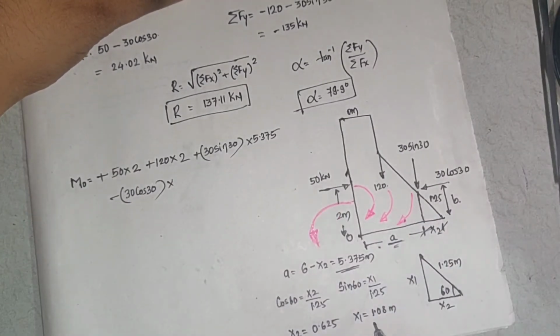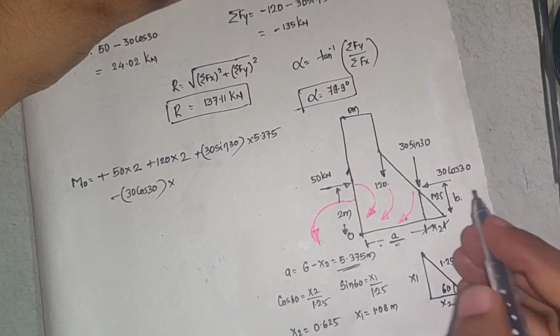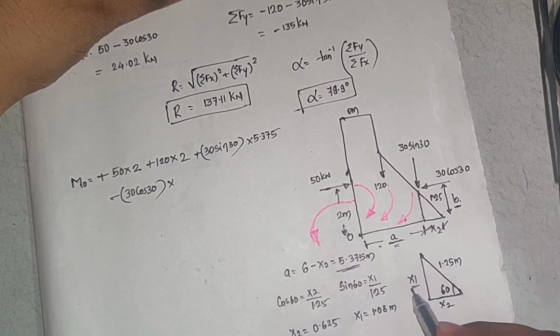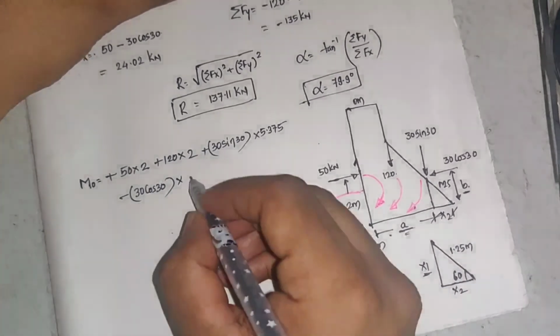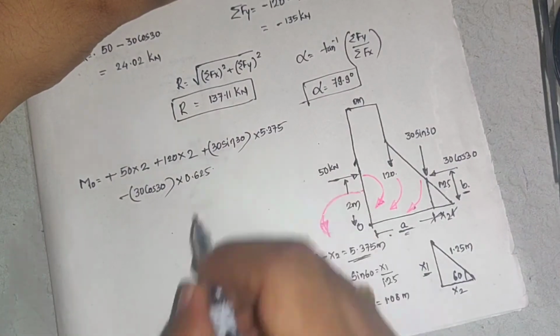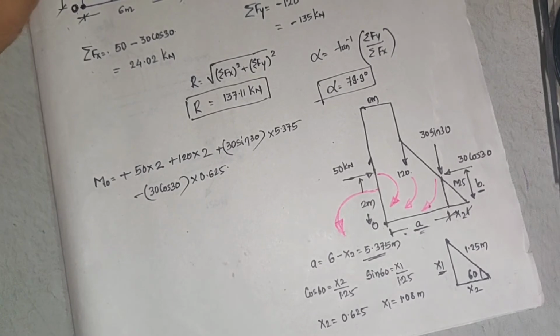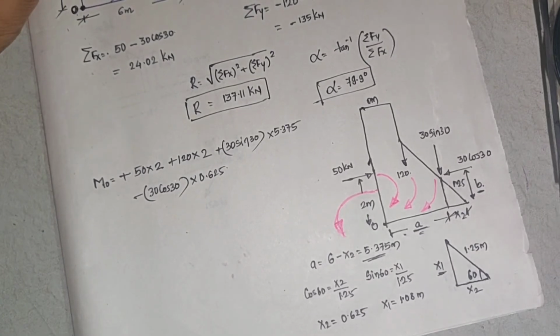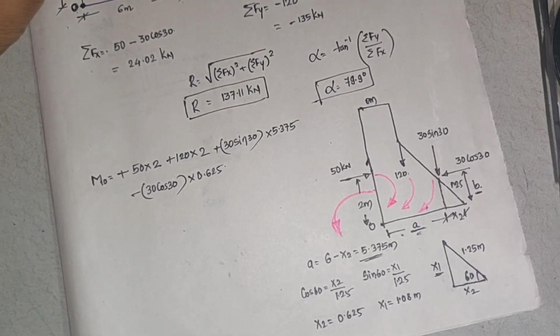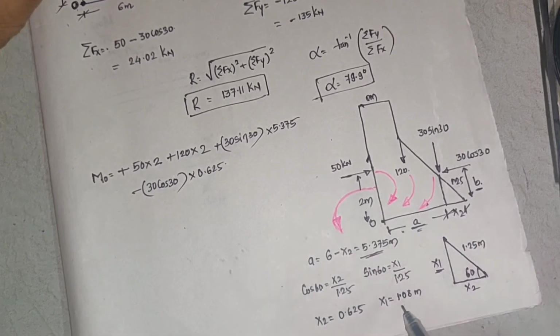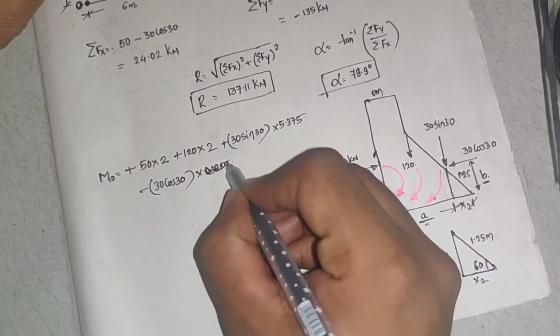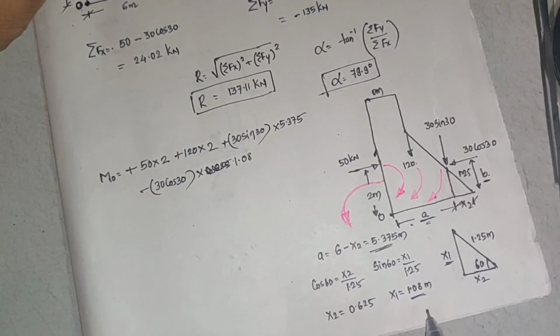The perpendicular distance is this B, or what is B? B is nothing but x1. So how much is x1? Not 0.625, x1 is 1.08.